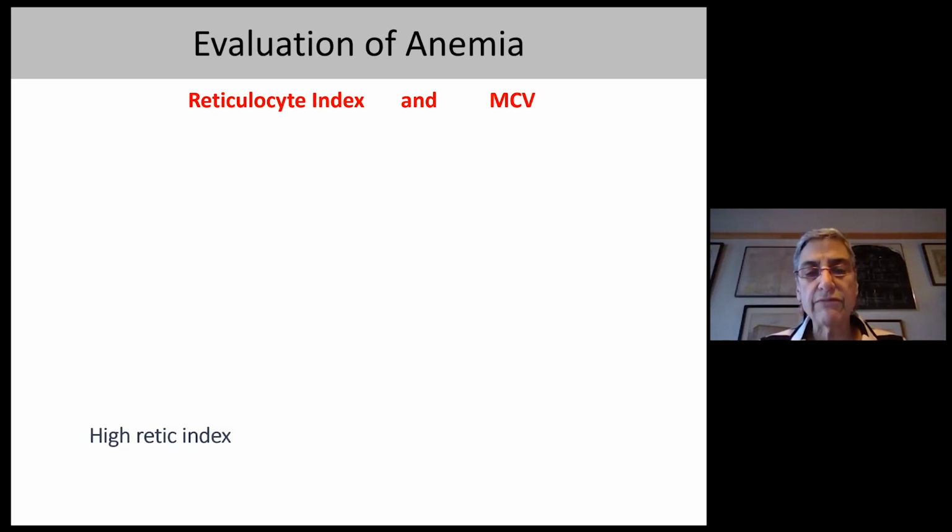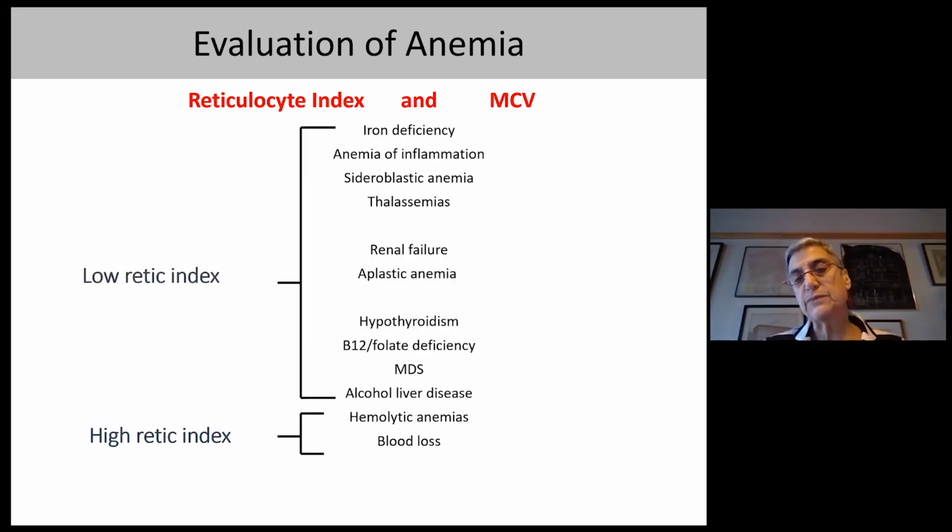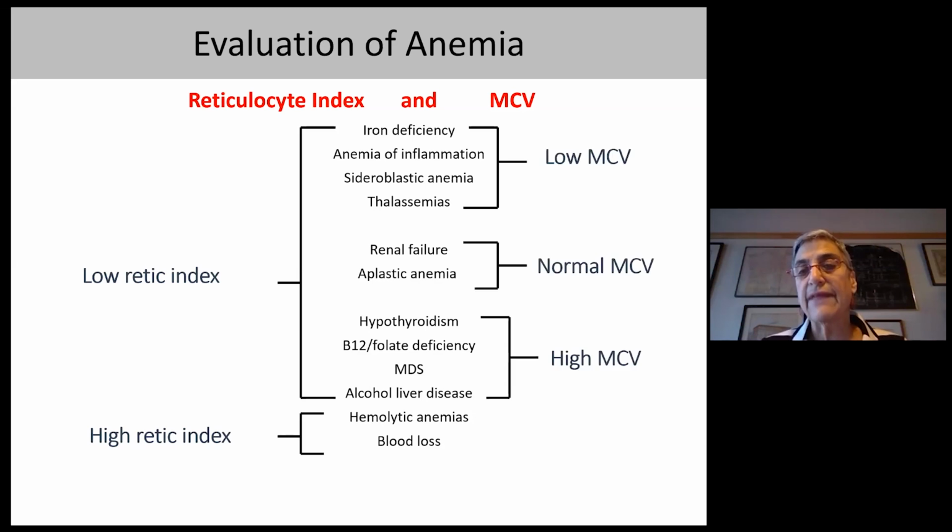So if you have a high reticulocyte index, that really is only consistent with either hemolytic anemias, which can be congenital or acquired, or blood loss. And all of the other analysis is based on hypoproliferative anemias, or anemias with a low reticulocyte count or inadequate reticulocyte response. And that's when we look at the MCV, whether it's low, medium, or high.